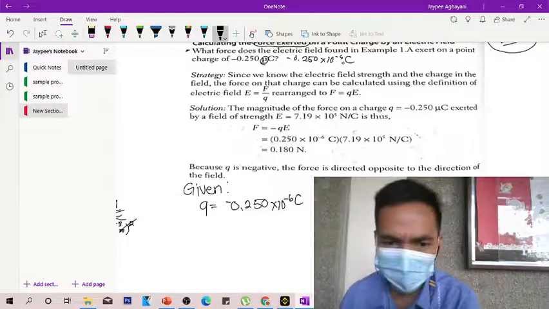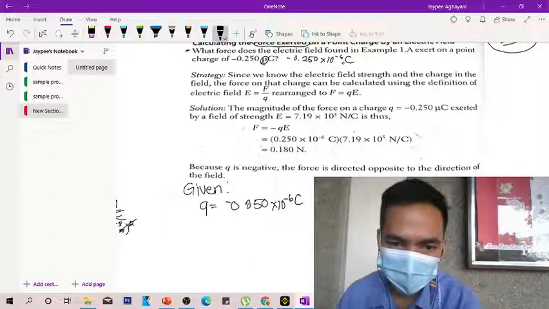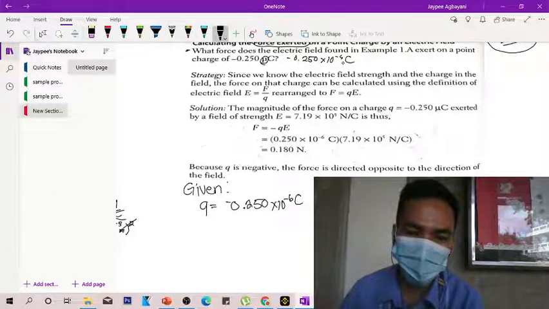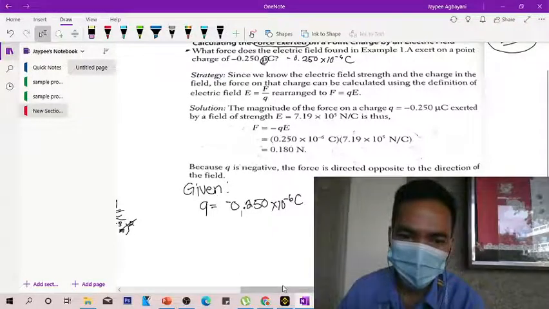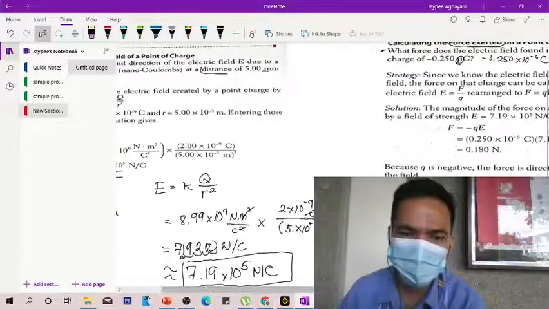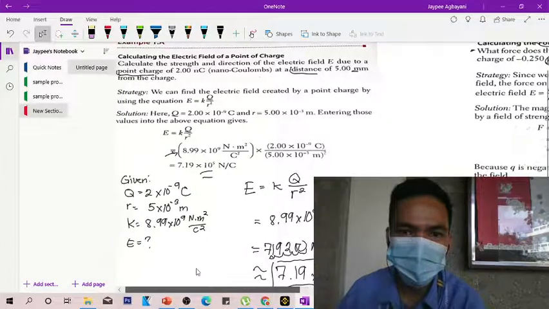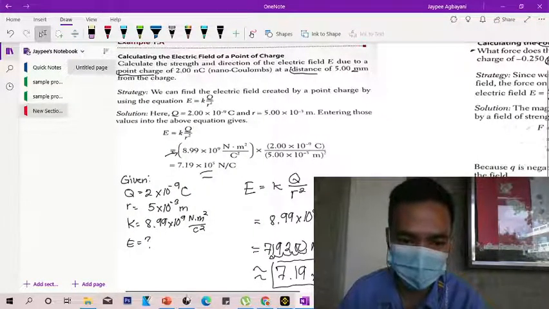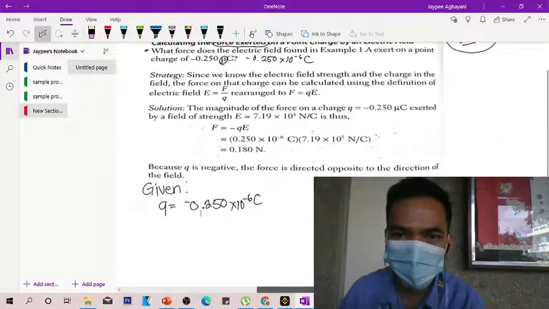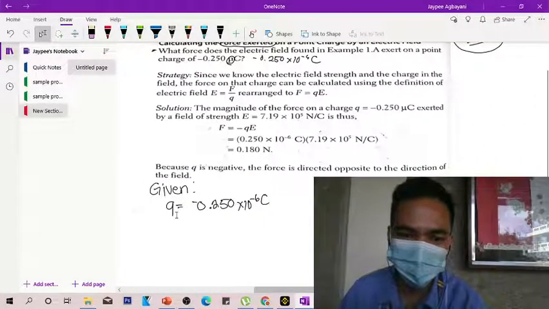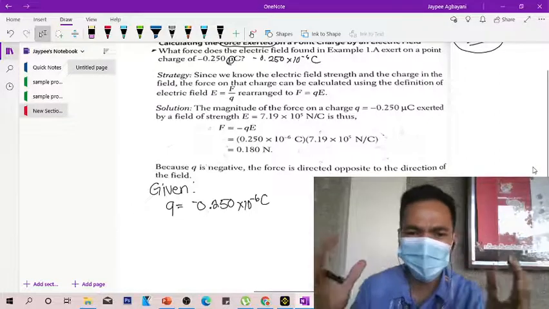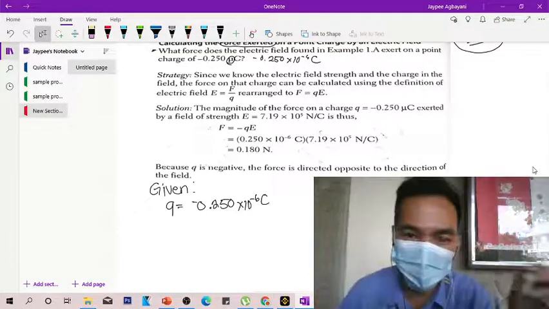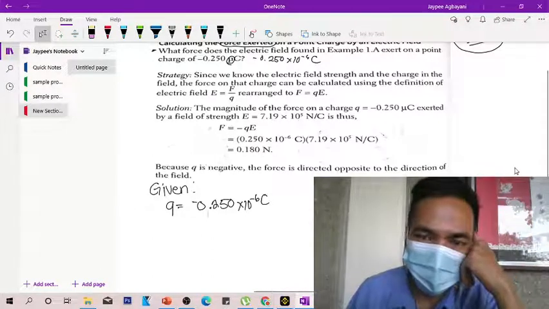Now, you might ask, sir, why is this a small letter here? They are both charges, but in our first problem it was a point charge, so we used capital letter Q. If it's a test charge, we use small letter q. But regardless, we are talking about the charge. That's just to tell the difference.